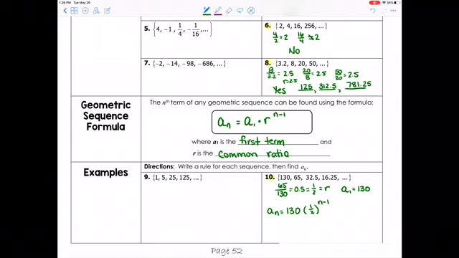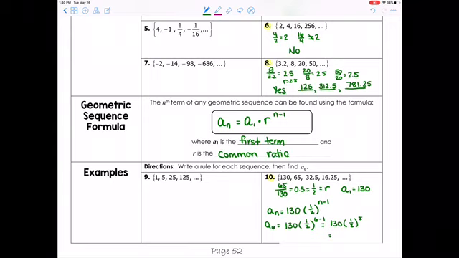So to find the 6th term, we want to take 130 times 1/2 to the 6 minus 1 power, which would be 130 times 1/2 to the 5th power.